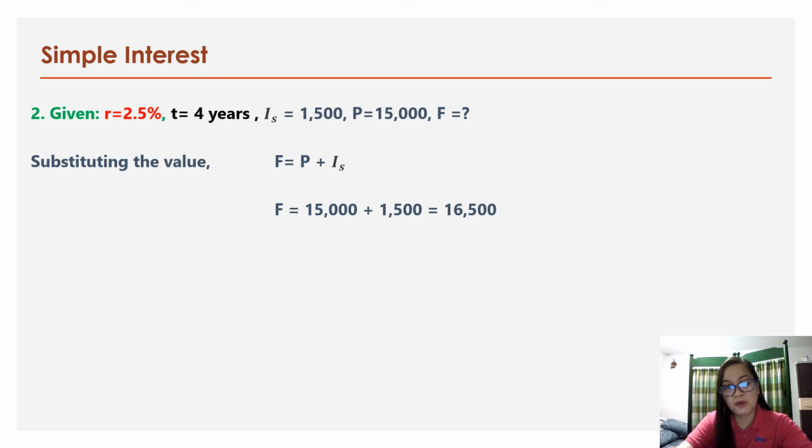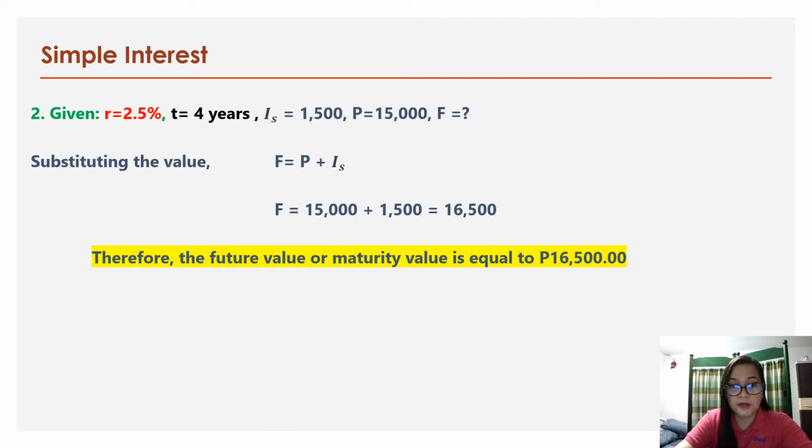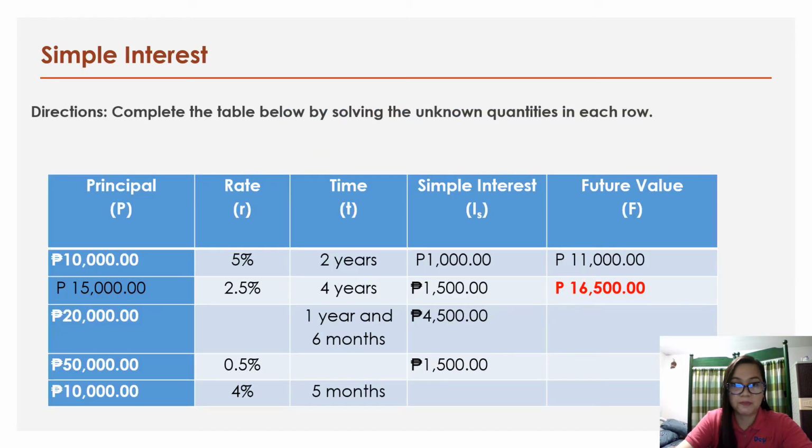That would be equal to 16,500. Therefore, the future value or maturity value is equal to 16,500.